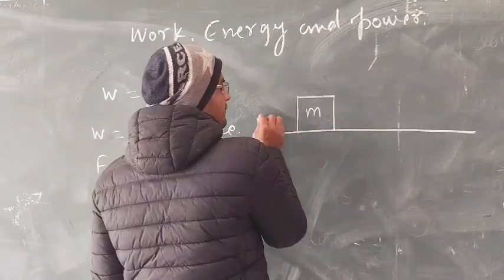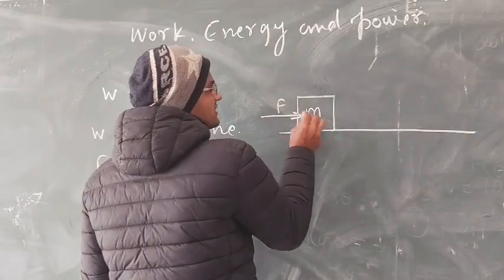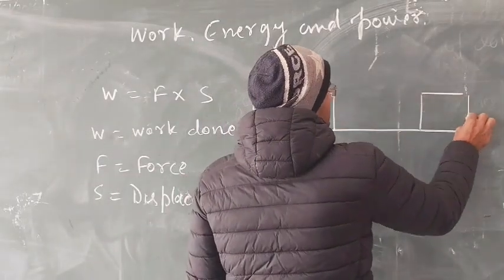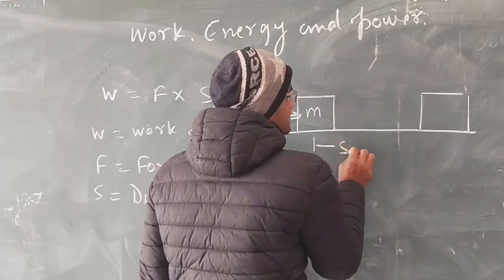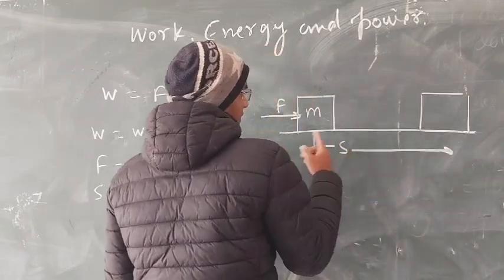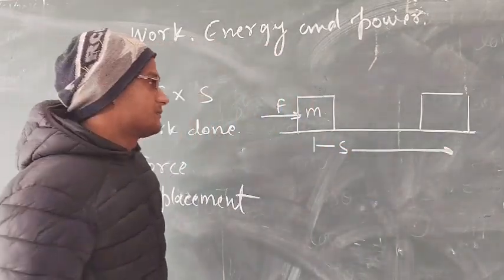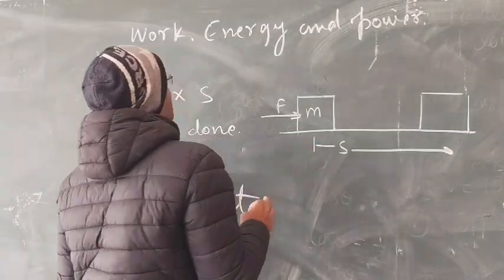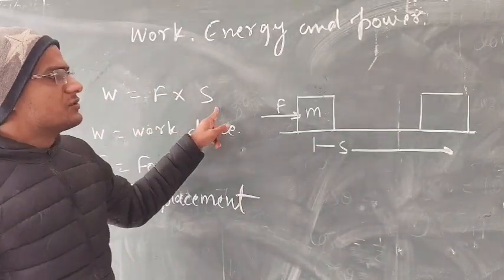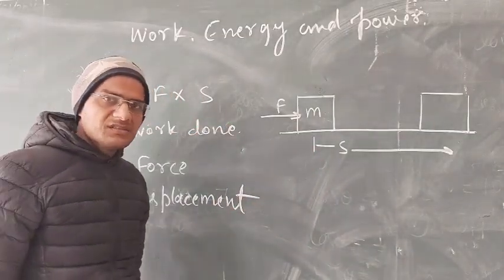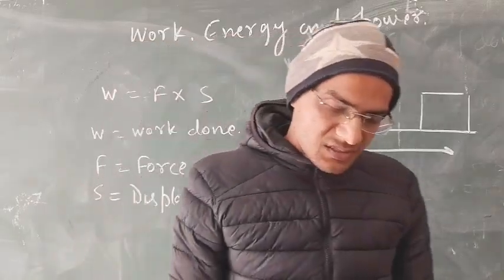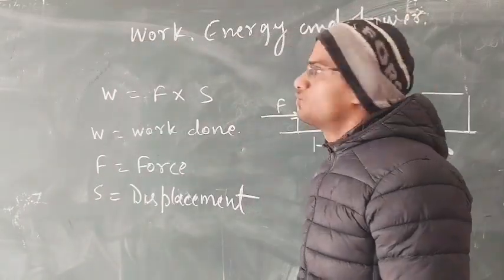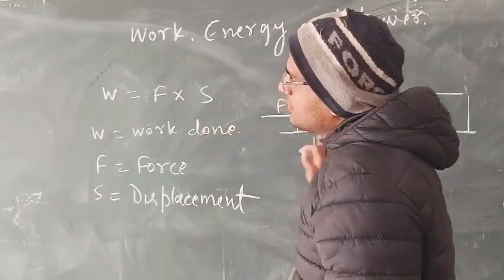If we apply force F on this block and displace it through the displacement S, then work will be done. The amount of work will be equal to force into displacement along the force.